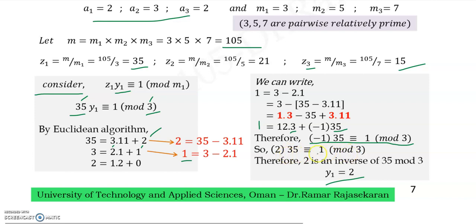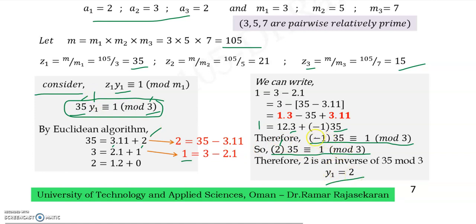This is right. So from this equation I can confirm that 2 is the inverse of 35 modulo 3. You see this equation and you see your first equation. Now you compare this. So y1, here I have 2. So y1 is 2.